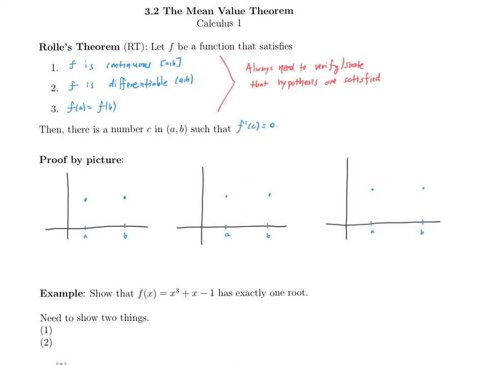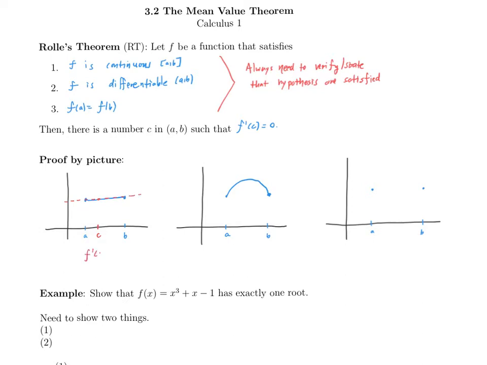One possibility is that it's just a line segment connecting the 2 points. The other possibility is it's not a line segment connecting the 2 points. But in either case, note what happens. In the first, I can pick any value c I want between a and b, and if we go up to the curve at that point and we draw the tangent line, it's horizontal.